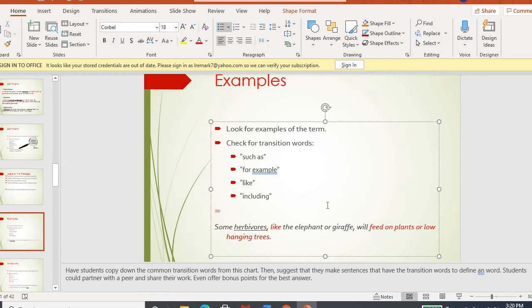Those are examples of herbivores. They feed on plants or low-hanging trees. So that helps me know what an herbivore was. Even if I wasn't sure of it before, I'm like, oh, elephant, giraffe, they eat plants and trees. Okay, herbivore is obviously an animal that is more vegetarian in nature. So that's how examples can help us.